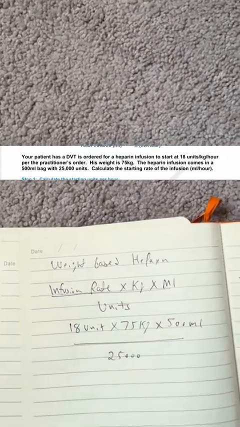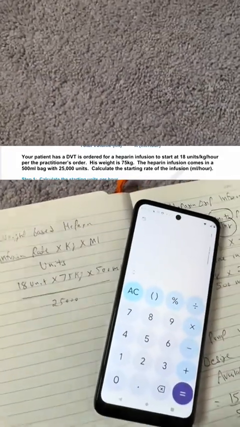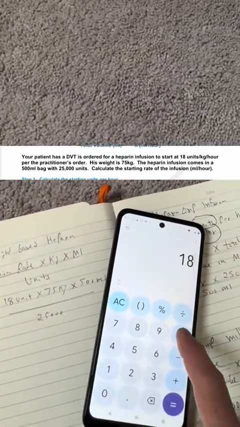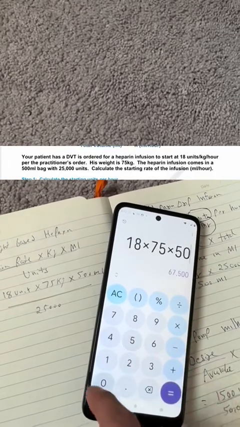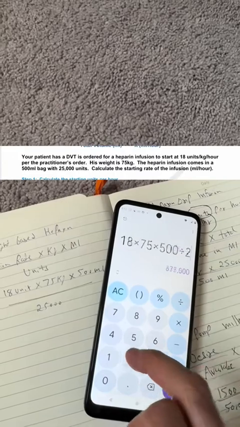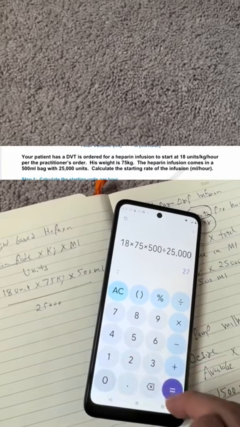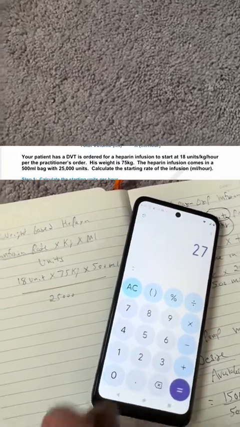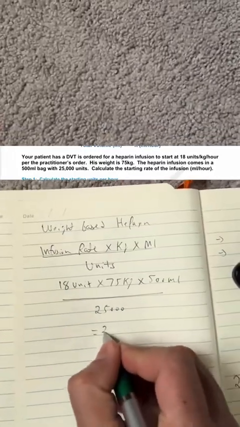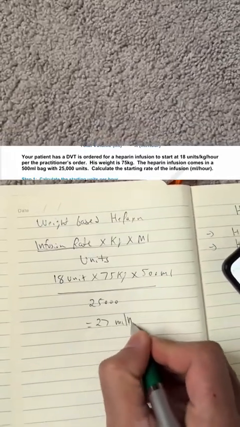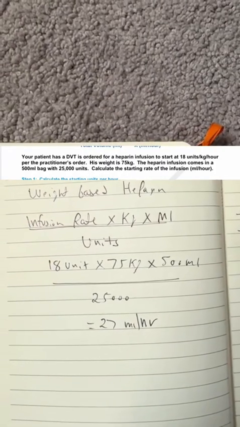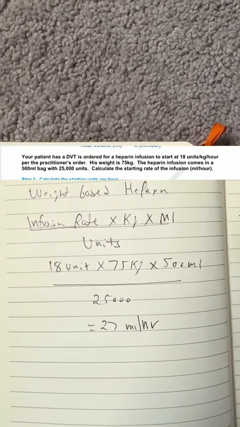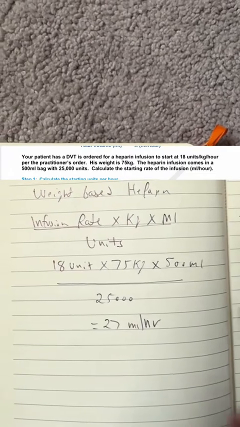So 18 units infusion rate multiplied by weight 75 kilograms, multiplied by 500 ml, divided by 25,000, equals 27. So we get 27 ml per hour. As you can see in the question, they're asking ml per hour on the last line. So when they ask this kind of weight based question, you will use this formula.